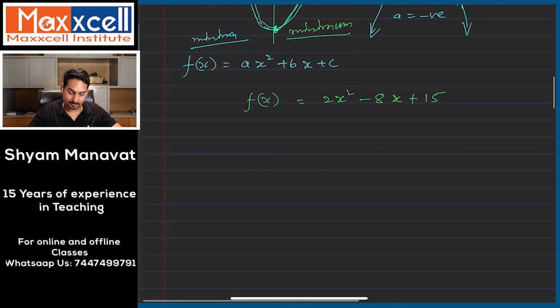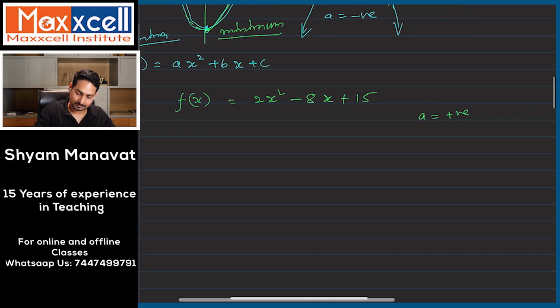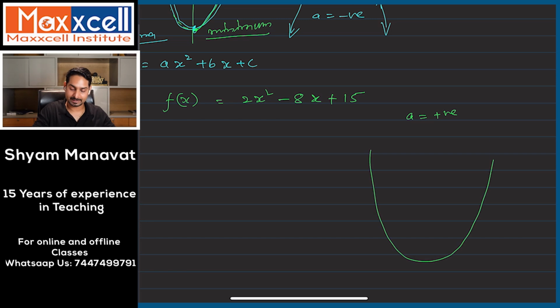Why will it show minimum? Because here a is positive. This is a quadratic function. A is positive, so it is supposed to show a parabola, and the parabola will be upward because a is positive. So its minimum point is possible. So this function will show what? Minimum. It will have a minimum.